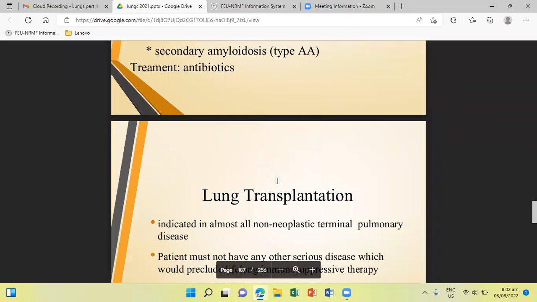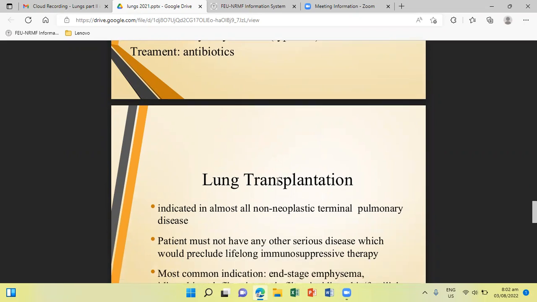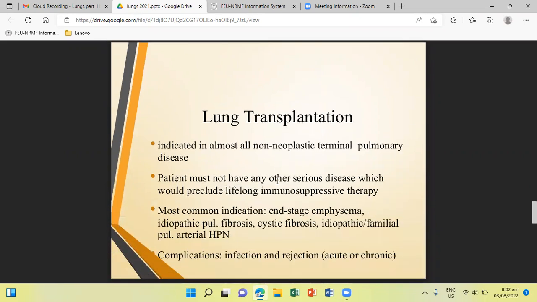So that's our discussion for lung infection. Now, lung transplantation. Indications for transplantation may include almost all non-neoplastic terminal lung disease, provided that the patient does not have any serious disease which would preclude lifelong immunosuppressive therapy.